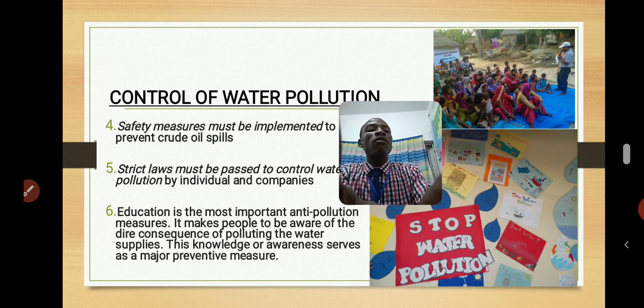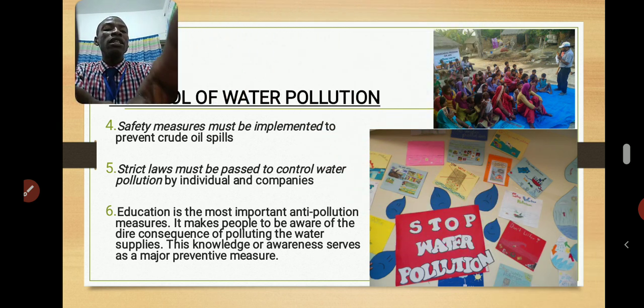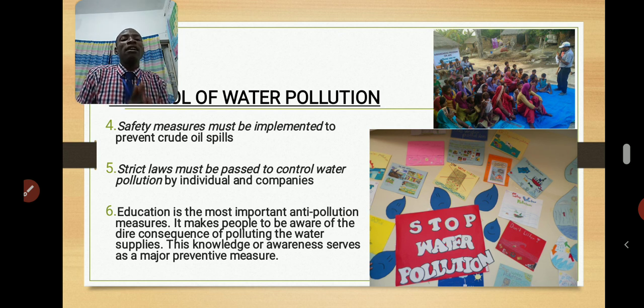Another method of controlling water pollution now is by implementing safety measures to prevent crude oil spillage. Those who are working on the shore, or that are working in the oil rig, let us implement safety measures.